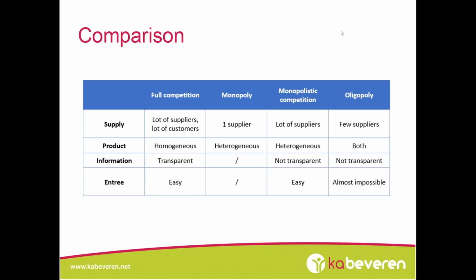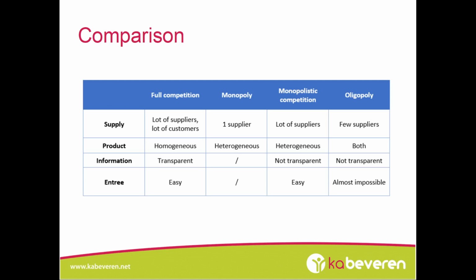For the monopolistic competition, we saw that the market is not transparent. Remember in video number 3 about market forms, we saw that someone was hesitating between some cleaning products. Well, we could also talk about pants, like jeans from Hollister or jeans from H&M.